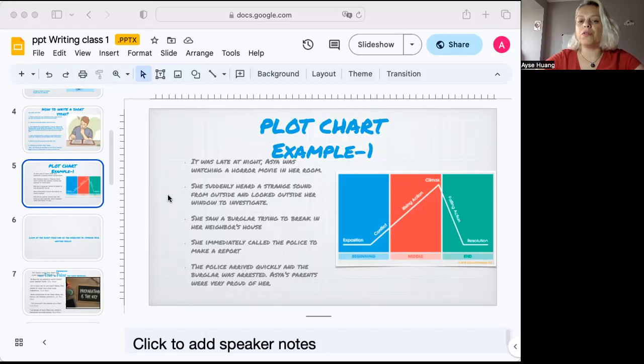Top tips for writing. Your story should have a clear beginning, middle, and end. Use clear paragraphs. Use a variety of narrative tenses. Use direct speech or indirect speech when the characters talk.